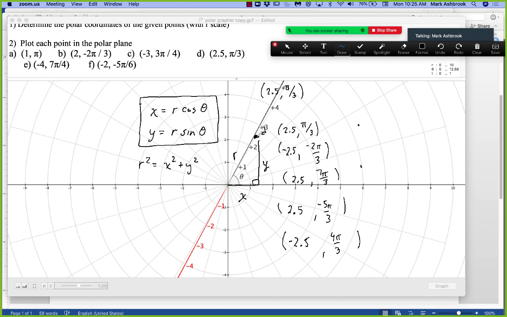So this particular point would have coordinates 2.5 cosine pi over 3, 2.5 sine pi over 3. And cosine pi over 3, I think that's a half. Yep, it's a half. So it'd be 1.25. And sine pi over 3 is radical 3 over 2, so it'd be 1.25 times radical 3.